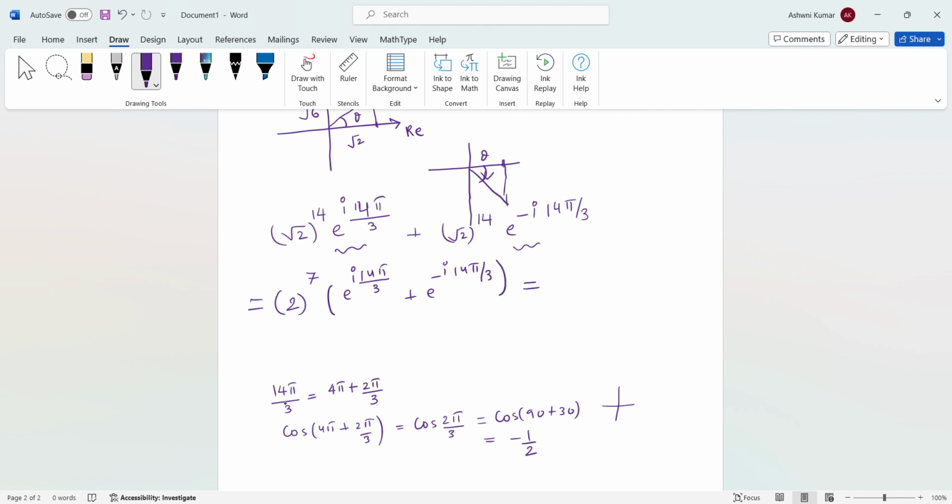What we are going to see here is e to the power i theta plus e to the power minus i theta, what does it equal? It equals 2 cos theta. So 2 to the power 7 into 2 cos theta.